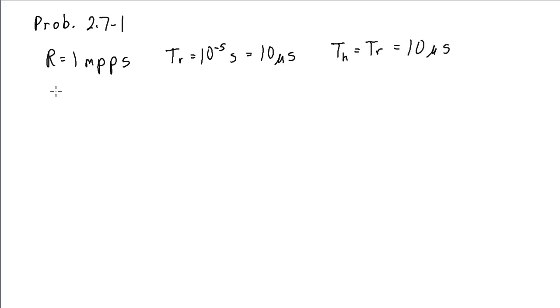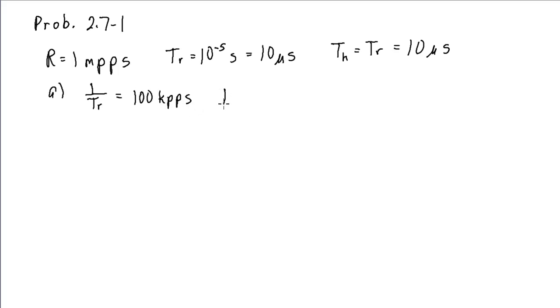And in part A of this problem, we're asked to see if the channel can transmit data at the required rate. So we actually want to compare R here to the reciprocal of the rise time, and the reciprocal of the rise time in this case would be 100 kilopulses per second, or 100 kilohertz.